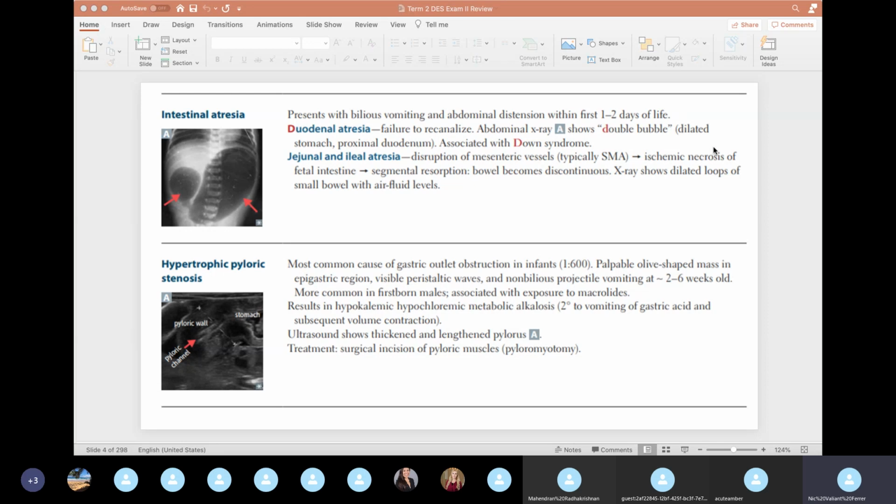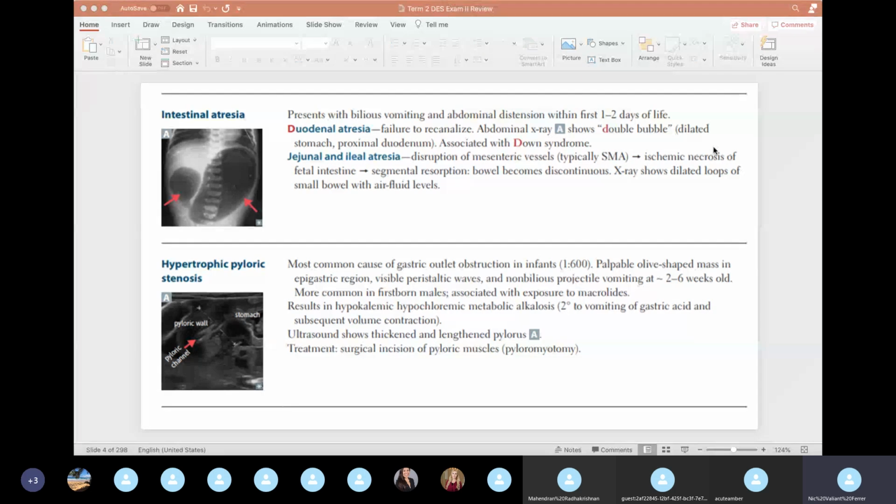Palpable olive-shaped mass, visible peristaltic waves, non-bilious projectile vomiting. More common in firstborn males, associated with exposure to macrolides, your erythromycins. Results in what? Metabolic alkalosis due to vomiting of gastric acid and subsequent volume contraction.